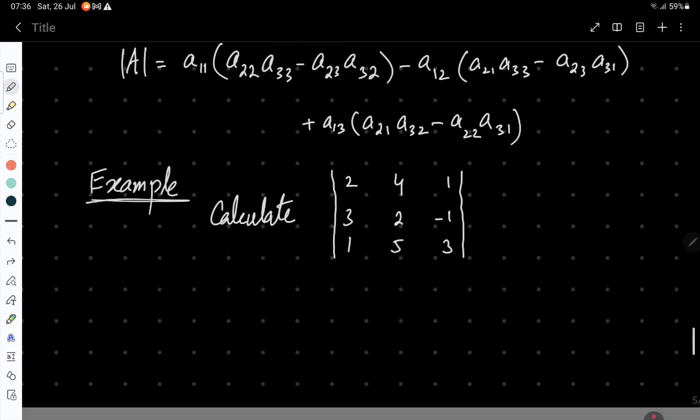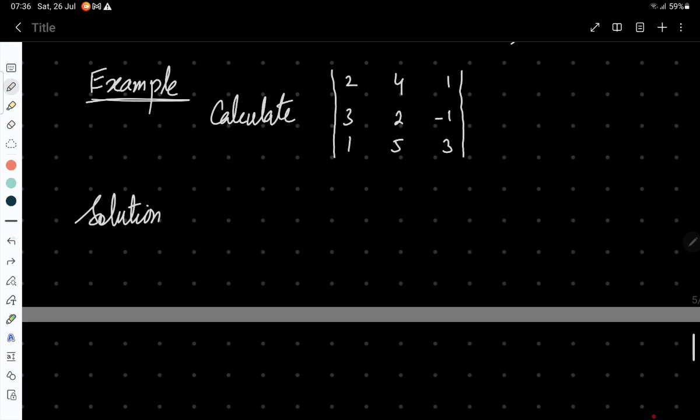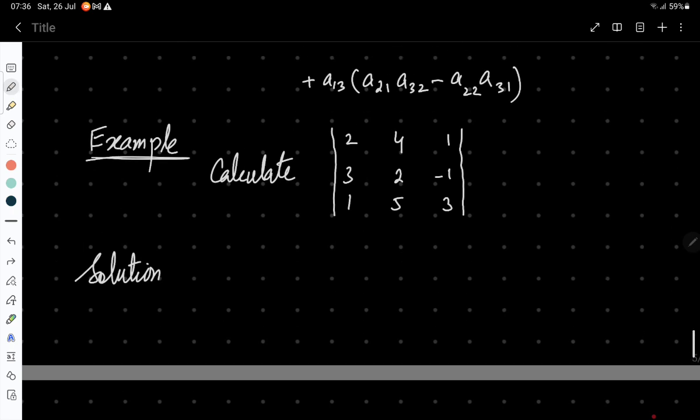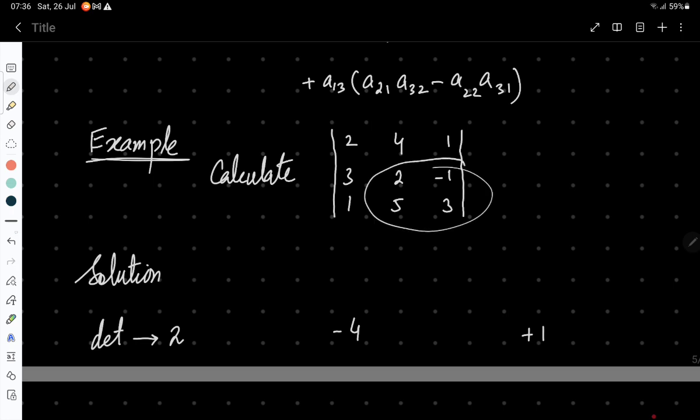Okay, look at an example. You have to calculate the determinant of this matrix. Here is the solution. I will expand the determinant along the first row again. For the first row I will write the first entry, then the second entry with negative and the last entry with positive. For the first entry, I will write the determinant of this.